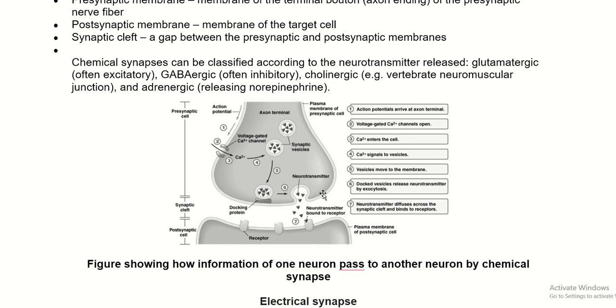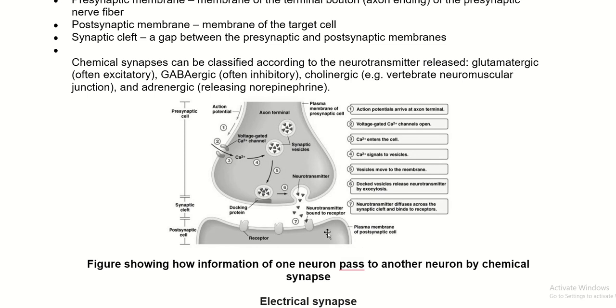The thickness of the presynaptic membrane and postsynaptic membrane is sometimes symmetrical, sometimes asymmetrical. When the thickness is symmetrical, this synapse is known as the inhibitory synapse. Here, instead of exciting this neuron, there is no excitement in this particular neuron.